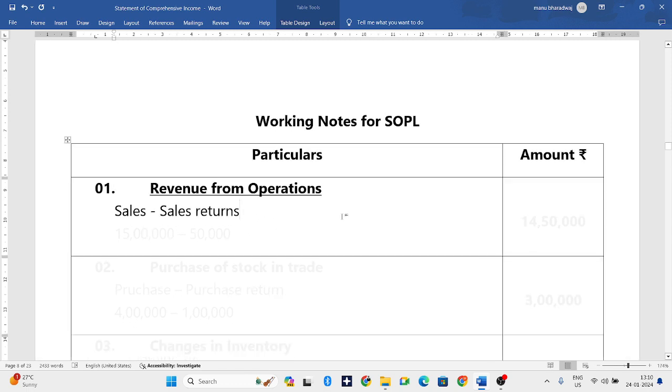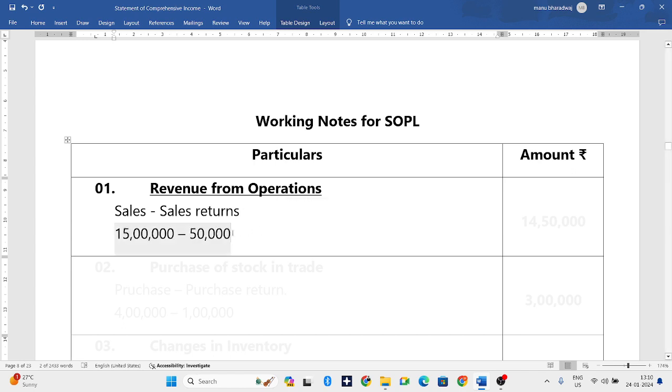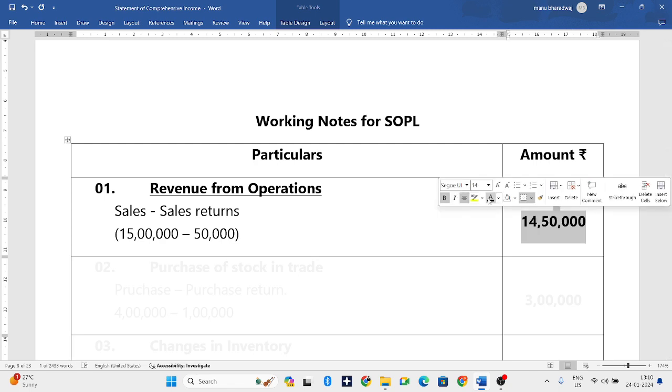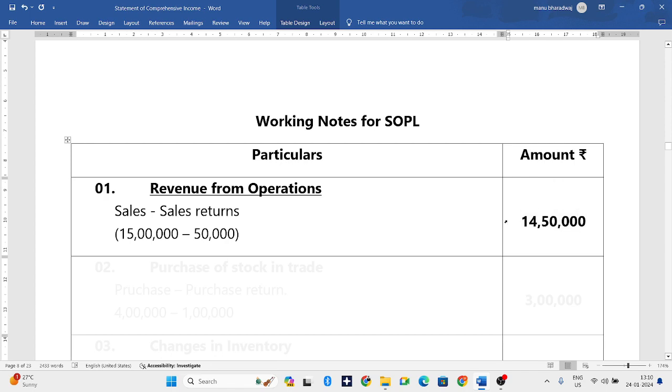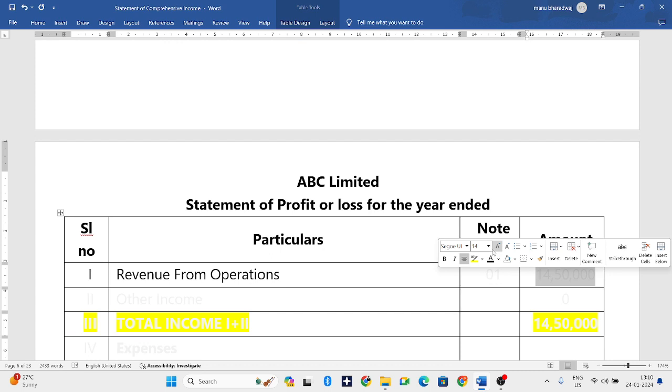Sales they have given in the question is 15 lakhs, and sales returns is 50,000. When you subtract both, you will get 14 lakh 50,000. This amount you have to write in the statement, 14 lakh 50,000.